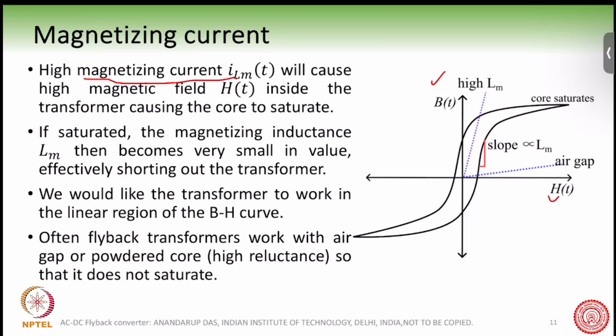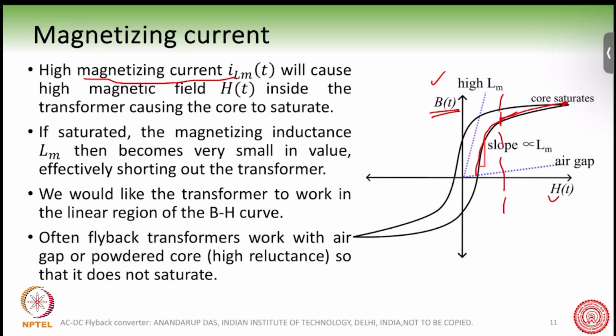But if it increases beyond a certain point, it will follow this curve. And when it increases beyond a certain point, for example, after this point, then the core starts to saturate. Saturate means the flux density or the flux in the core can no longer keep on rising. So the core will saturate here.